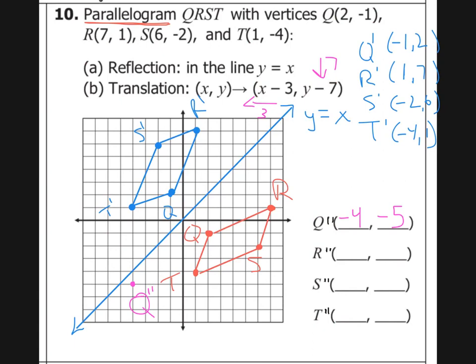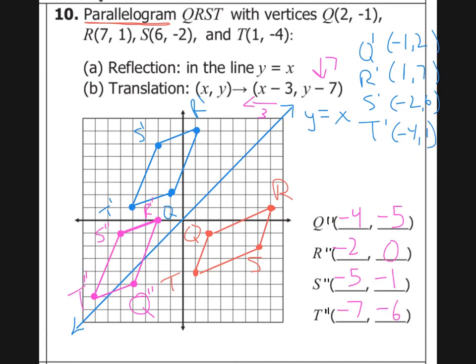I did that manually, by using the graph. But when I count from the origin, -4, 5 is 1, 2, 3, 4, 1, 2, 3, 4, 5. So looks like my algebra works and my hopping method works. So whatever works for you, hop and write the algebra, or do the algebra and then plot your points. Either way. Finish up the other 3 points, press pause now, and see how that works out for you. Remember, we're starting from the blue coordinates. We originally started with our pre-image, went to this image, now this becomes the pre-image, and we're going to the new image. Press pause.